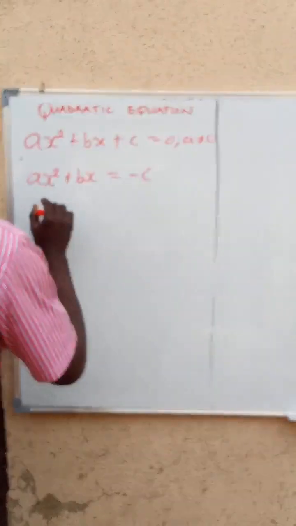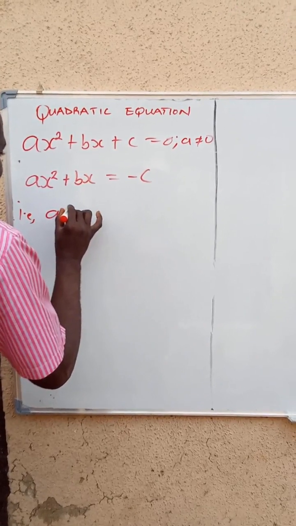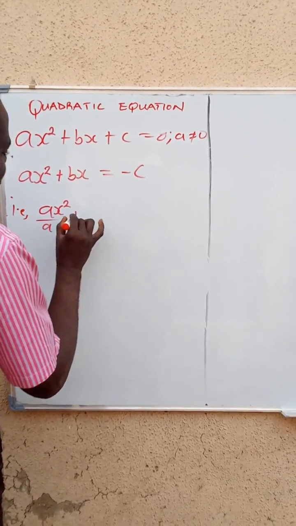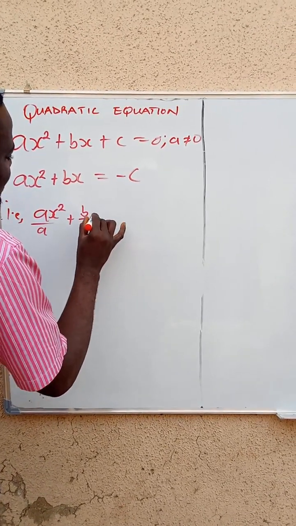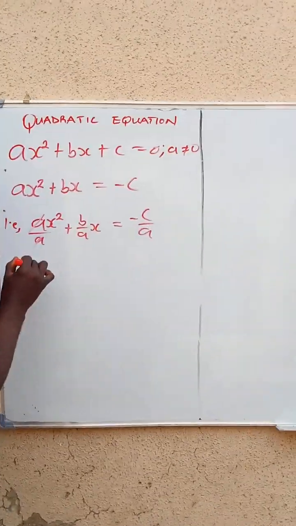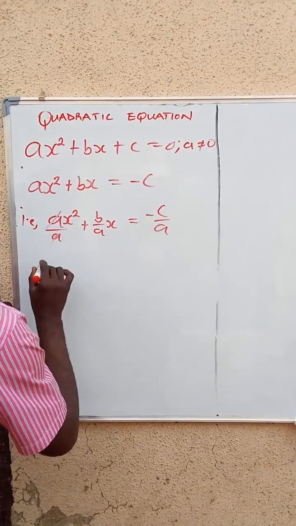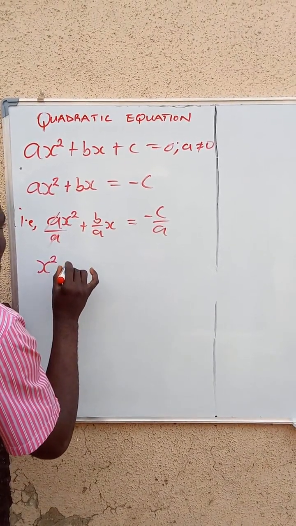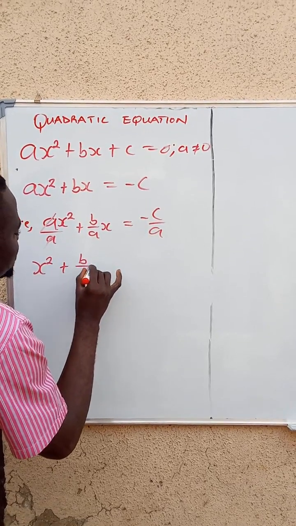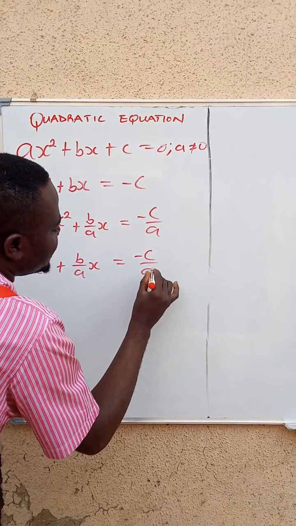So what we'll do is this: ax squared over a plus b over a x is equal to minus c over a. That's what I did to the coefficient of the square. Now what we have is x squared plus b over a x is equal to minus c over a.